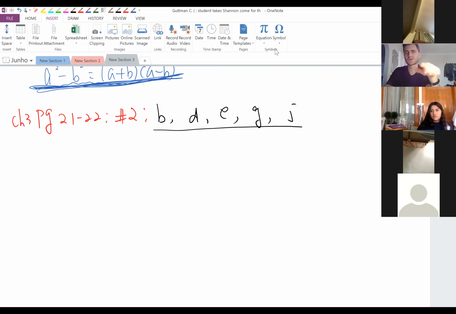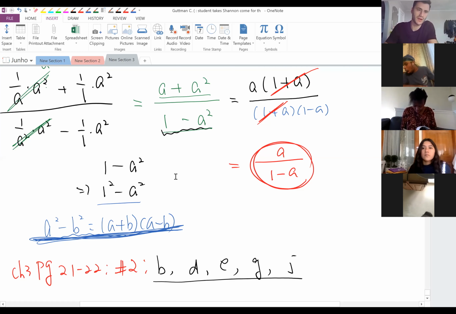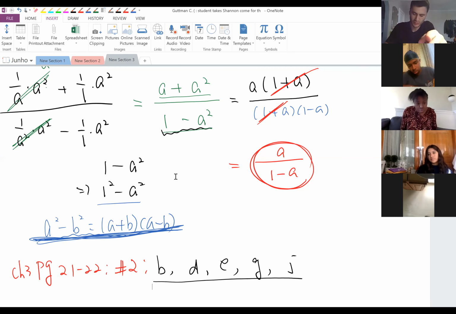Can you go up a little bit? Yes, like this. We find the common denominator for the up and down. For up, for example, it's 1 plus a divided by a. All expression divided by 1 minus a squared divided by a squared.